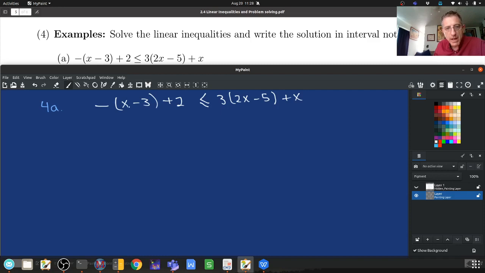So remember, minus x plus 3 is the same as minus 1 times x minus 3. So minus 1 times x is minus x. I'm just using the distributive property here. Minus 1 times minus 3 is plus 3. And then I have the plus 2, which I did nothing to. I used distribution again here. 3 times 2x is 6x.